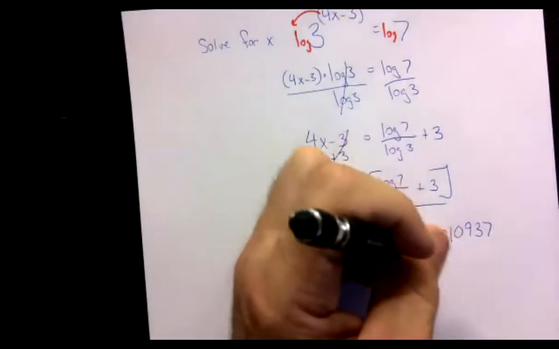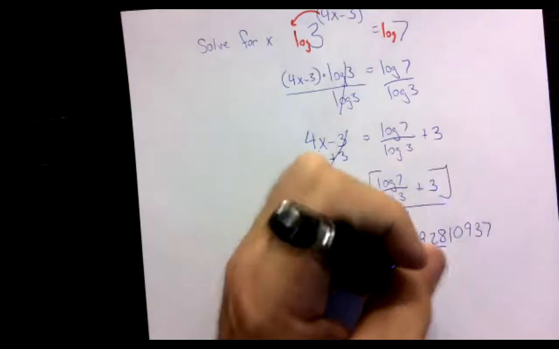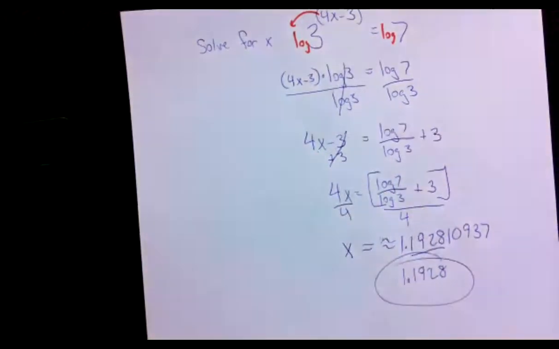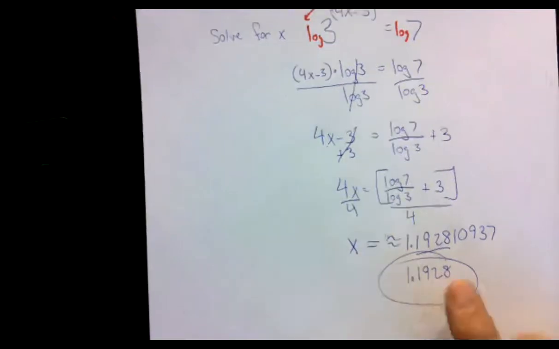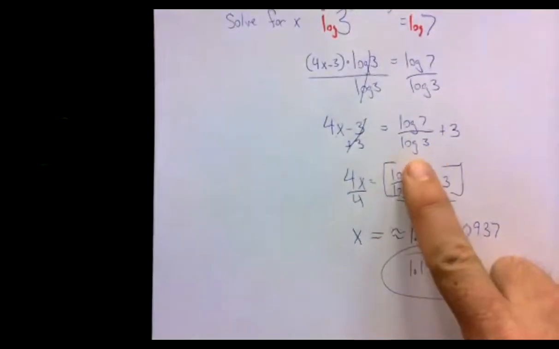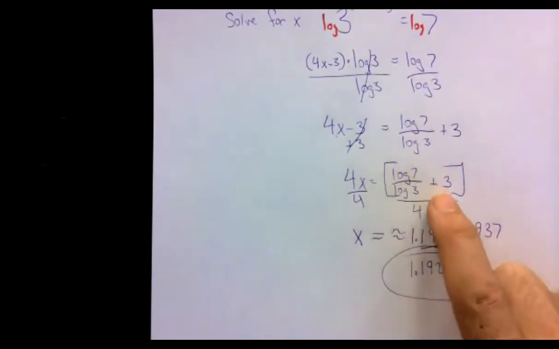Okay, and again, we're rounding to 4 decimal places. This number is smaller than 5, so we can just truncate it. Those go away. So the final rounded answer is going to be about 1.1928. Make sure you do not round until the very last step. If you round early, then you're making an approximation based off of another approximation.